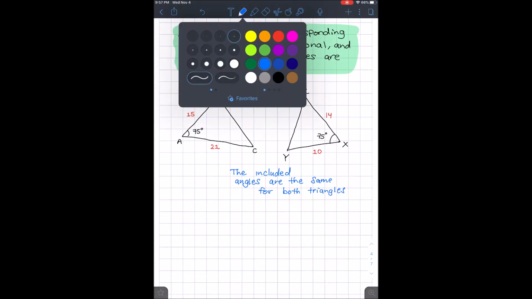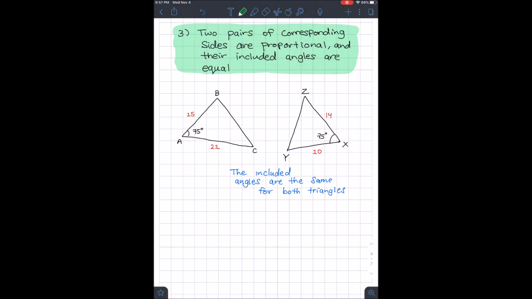Okay, so if you remember, one thing we want to do is match the sides to the corresponding sides on the other triangle. So let's take a look at the triangle on the left, triangle ABC. We can tell that the smaller side is 15, and on the other triangle, triangle XYZ, the smaller side is 10.